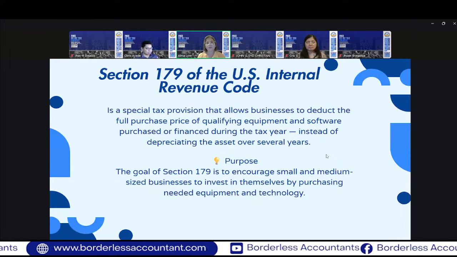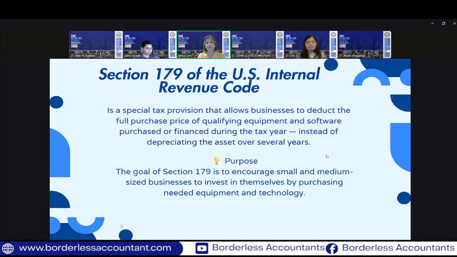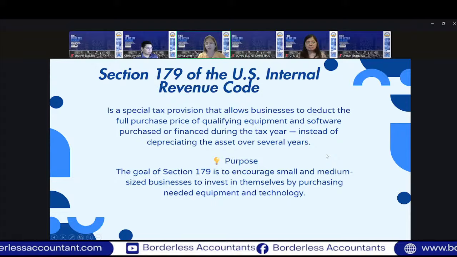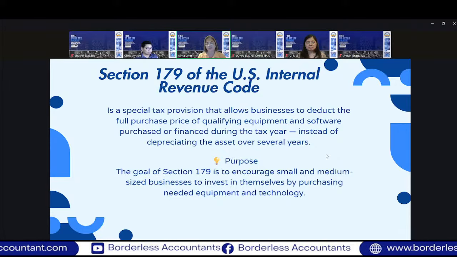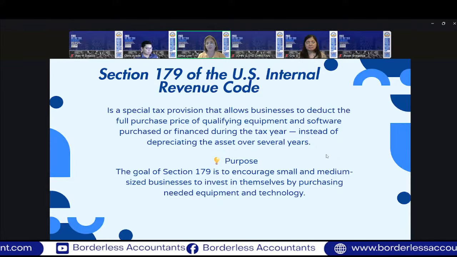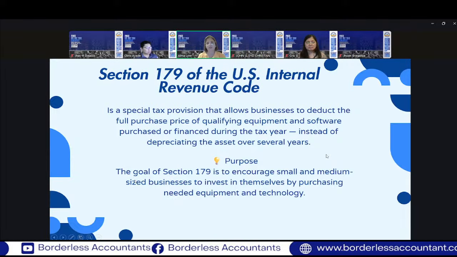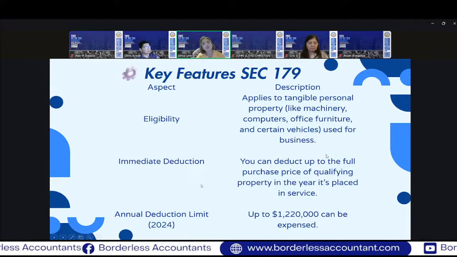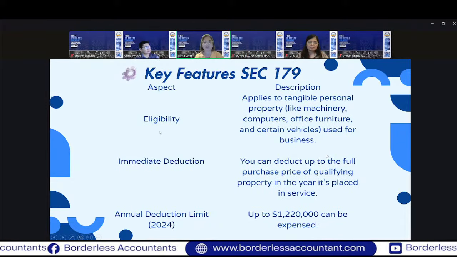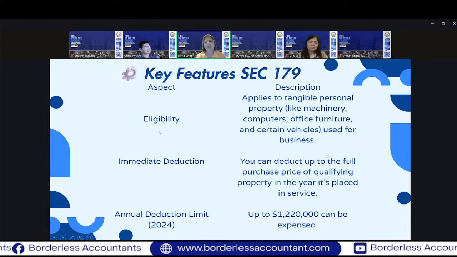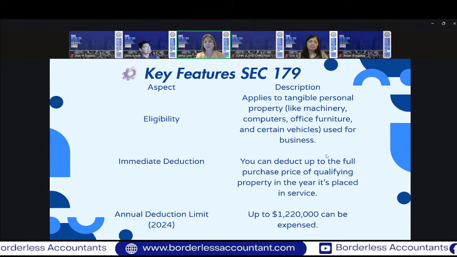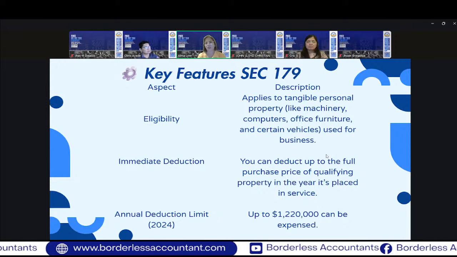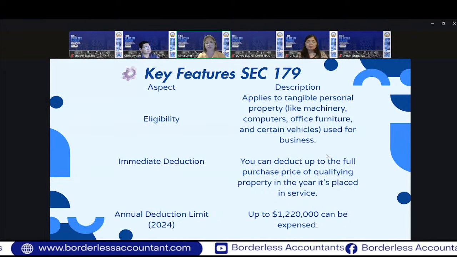Instead of depreciating the asset over several years, Section 179 encourages small and medium-sized businesses to invest by purchasing needed equipment and technology. So the key features in Section 179: eligibility applies to tangible personal property like machinery, computers, office furniture, and certain vehicles used for the business.